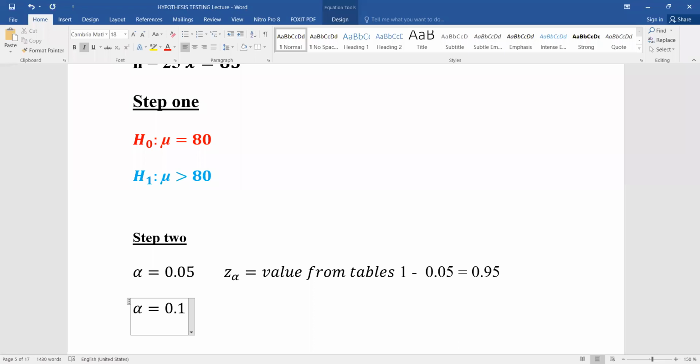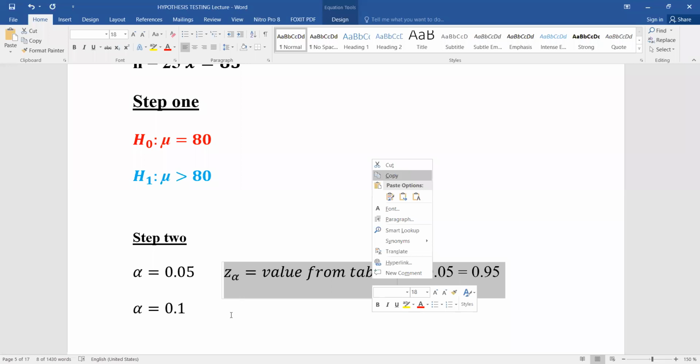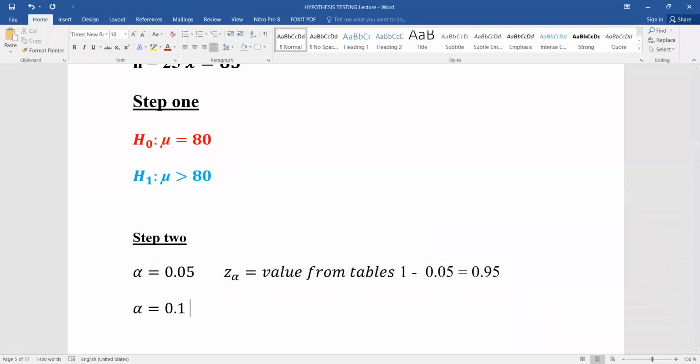The area under the normal curve, the bell-shaped, is 1. That is why we subtract from 1. So 1 minus 0.1, you get 0.9.